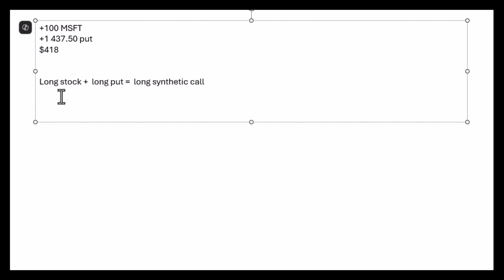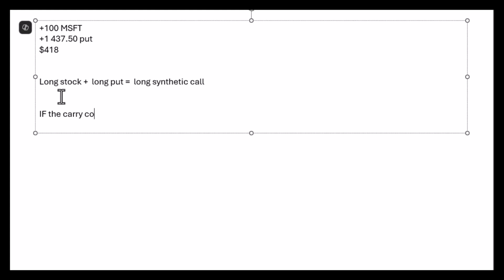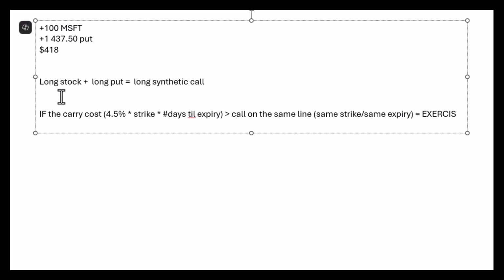But technically, a market maker is going to look at this, and if the carry cost, let's say 4.5% times the strike times the number of days till expiry, is greater than the call on the same line, same strike, same expiry, then the market maker is going to exercise that put that you're short.